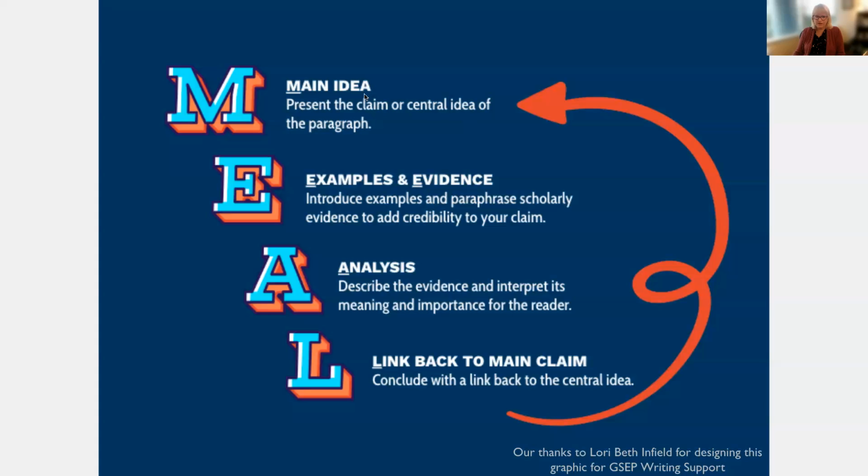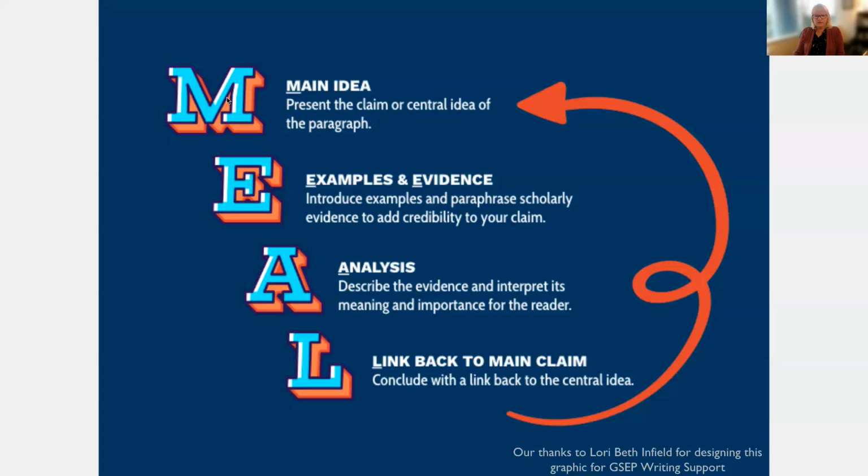You might have a citation here, but you might not. If you just state the basics of your topic in this paragraph, you might not need a citation. But then here is where you would definitely be inserting those paraphrases, examples, scholarly evidence, and that's where you would include a lot of citation.